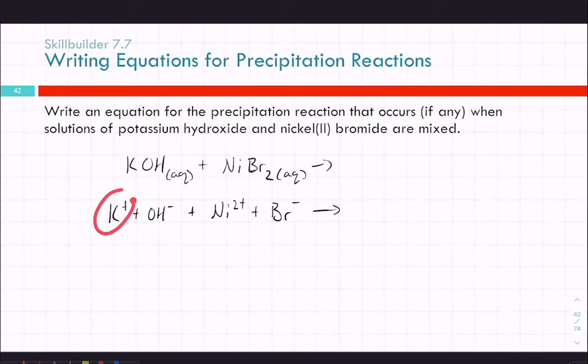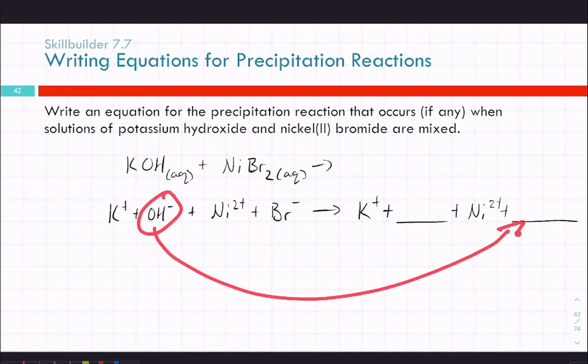So I always take the cations, those are the positive charges, and move them over in the same order. So K plus, that's going to be plus something, and then nickel 2 plus the other anion. So on the left side, if we have potassium and hydroxide, we're going to swap the hydroxide over to nickel on the right side.